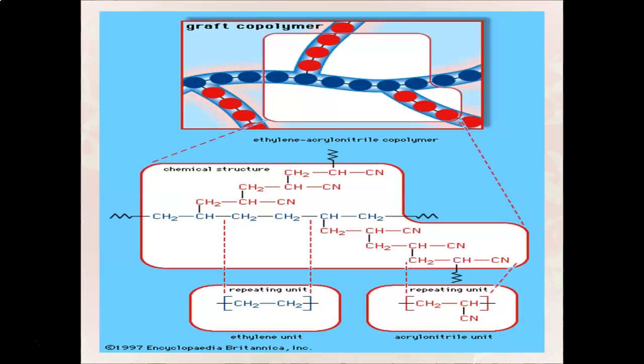The illustration here shows the ethylene unit and acrylonitrile unit. The main chain or the side chain of this polymer can be a copolymer or a homopolymer.